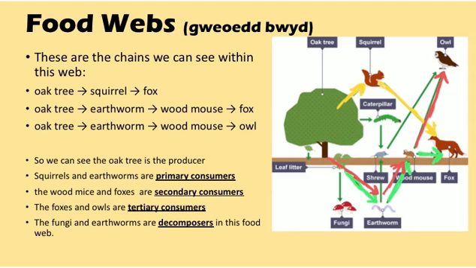And the fungi and earthworms are decomposers as well. So there's a lot going on in this picture. There's a few things that are more than one type of consumer depending on what they're eating or what is near them. So this is an example of how a lot of things can interact and how multiple things can eat the same animal.